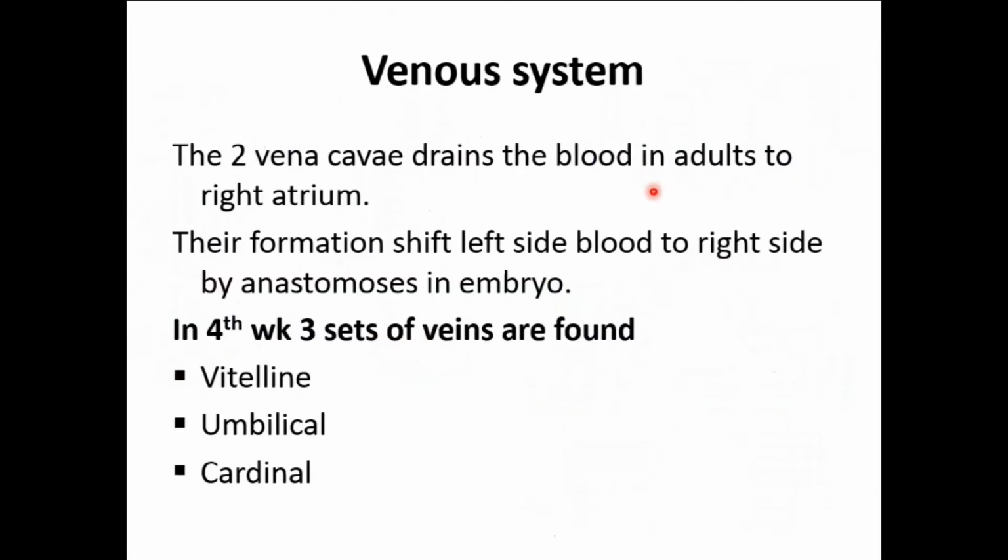So that means at fourth week we have three sets of veins, Vitelline, umbilical and the cardinal.